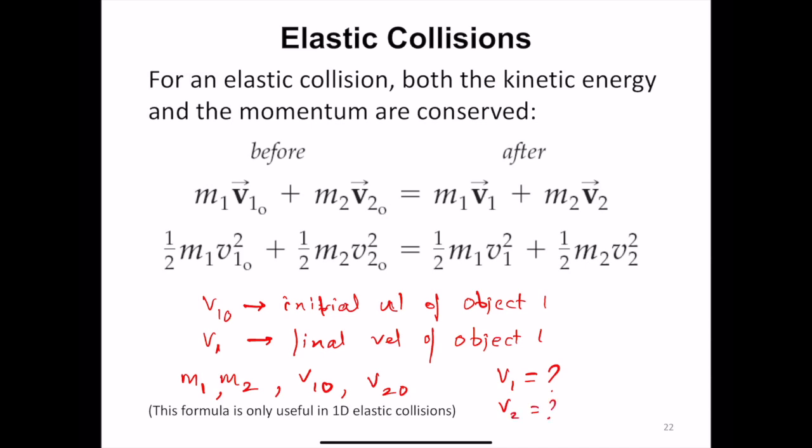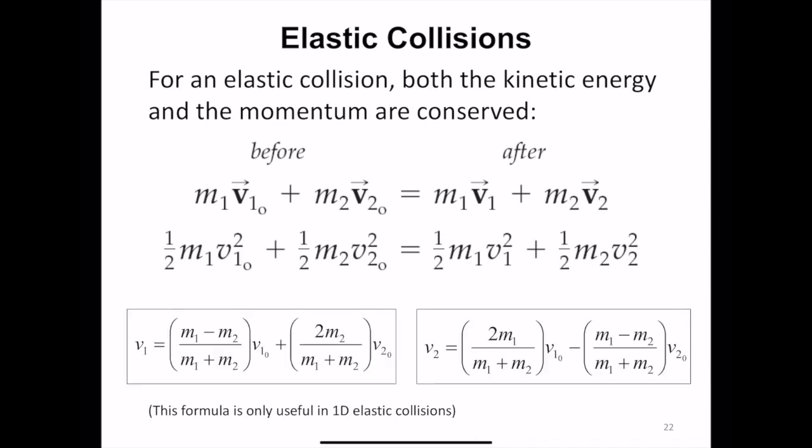Now notice that we have two unknowns, v1 and v2, and we have two equations. So one is the equation of conservation of momentum and the other one is the equation of conservation of kinetic energy. When you have two unknowns and two equations, you can easily solve the equations and just directly solve for the unknowns. This is the solution.